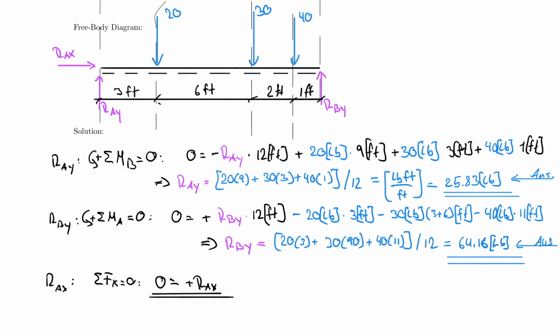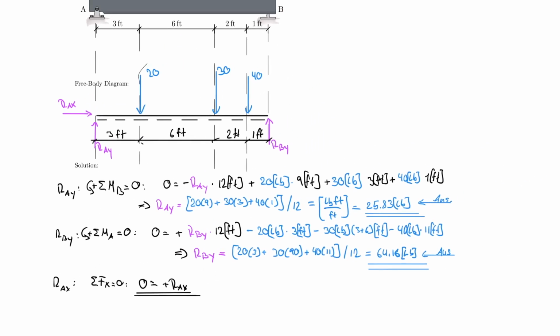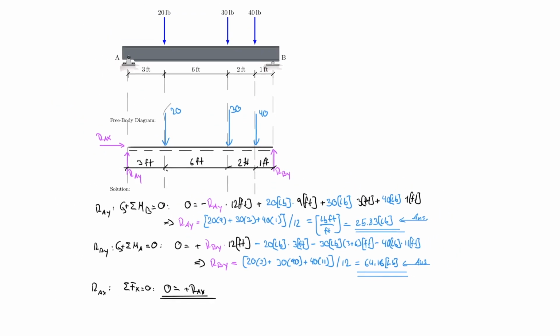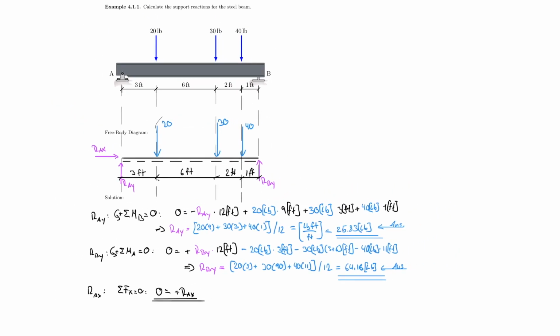So now I can use my force equilibrium to really verify this result and to actually be sure before I turn in my exam or my quiz that I'm correct, right? So I can say that the sum of the forces in the y direction is equal to 0, and 0 is equal to plus RAY plus RBY minus 20 minus 30 and minus 40.